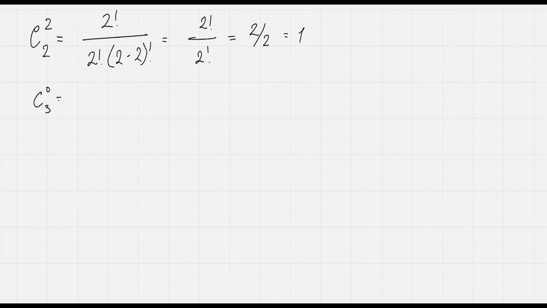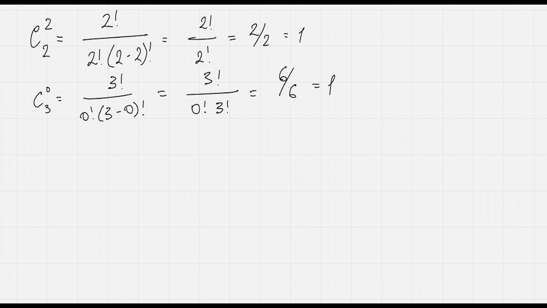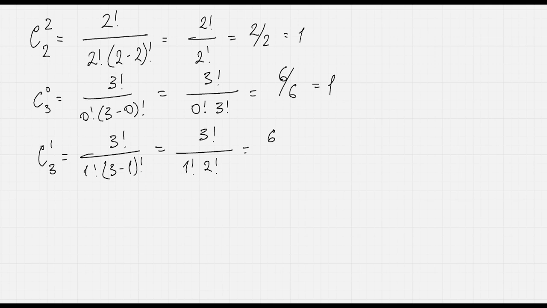C of 3 and 0 is equal to 3 factorial divided by 0 factorial multiplied by (3 minus 0) factorial, that is 3 factorial divided by 3 factorial multiplied by 0 factorial, that is 6 divided by 6, that is 1. C of 3 and 1 is equal to 3 factorial divided by 1 factorial multiplied by (3 minus 1) factorial, that is 3 factorial divided by 2 factorial multiplied by 1 factorial, that is 6 divided by 2, that is 3.